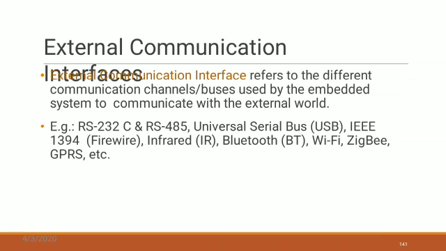IEEE 1394, also called FireWire. Infrared, IR, which we use in day-to-day life as a remote controller for our TV and sound systems, etc. Bluetooth we are using inside our mobile phones. Wi-Fi, we are using Wi-Fi hubs inside our house for internet connectivity. Zigbee, some of you might have used in your projects, and GPRS for mobiles once again.